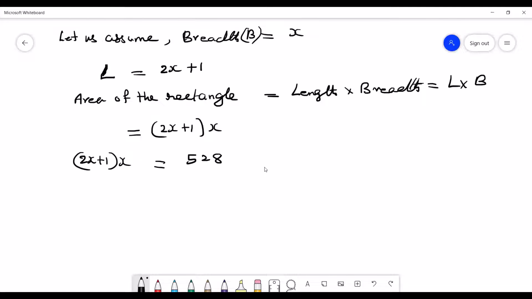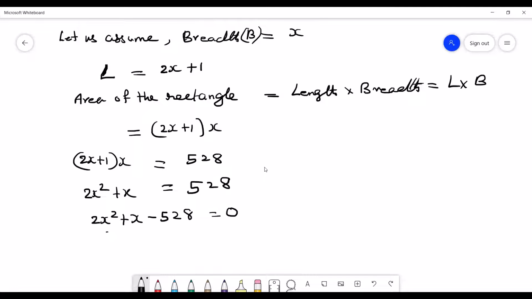528. Now multiply 2x plus 1 with x. So 2x into x means 2x square, and 1 into x means plus x. So this will be 528. When we bring this 528 to the left side, this will become 2x square plus x minus 528 equal to 0.